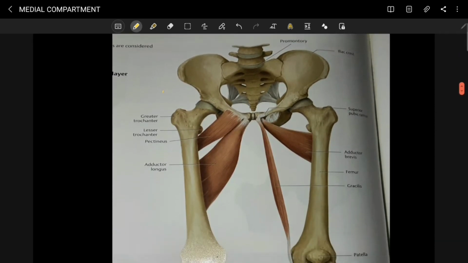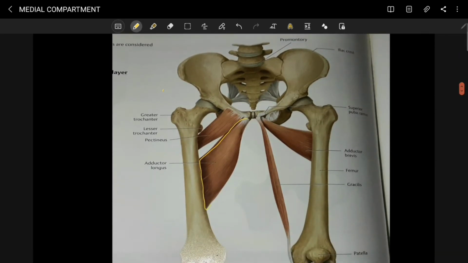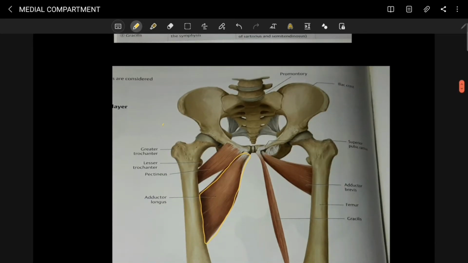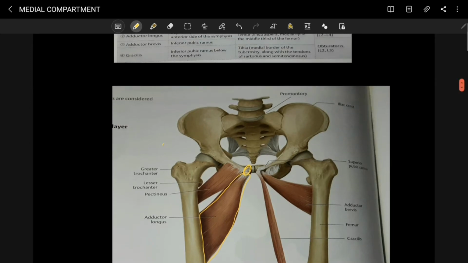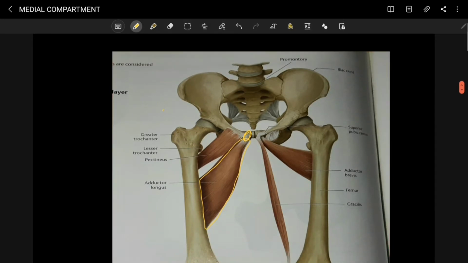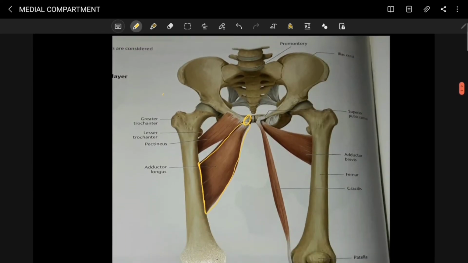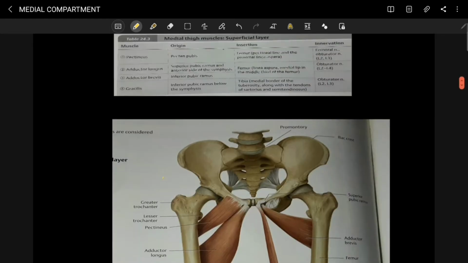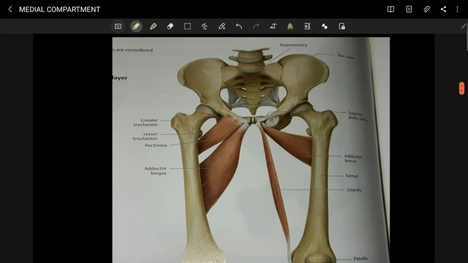Next, adductor longus, this muscle here, big flat muscle, originates at the superior pubic ramus, just anterior to the pubic symphysis, attaches at the femur, the medial lip of linea aspera. Boom, done. Next, adductor brevis, originates at the inferior pubic ramus, attaches at the femur.